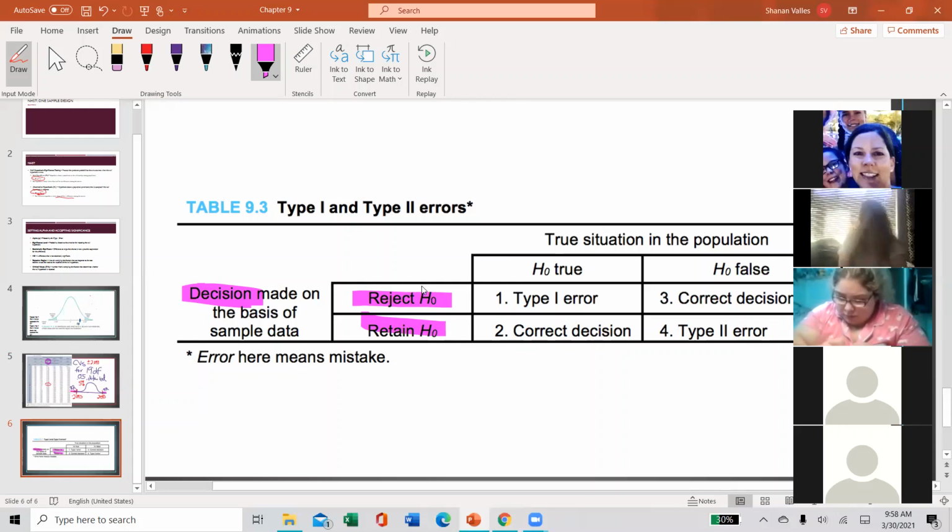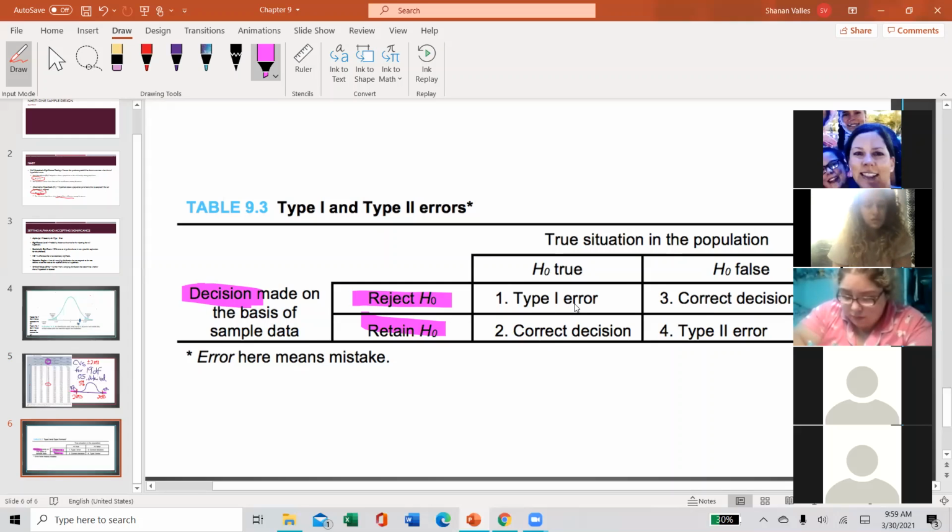When you reject him and he's false, when the null hypothesis is wrong and you're like, I'm rejecting you because you're wrong, then you've made the correct decision. Okay.